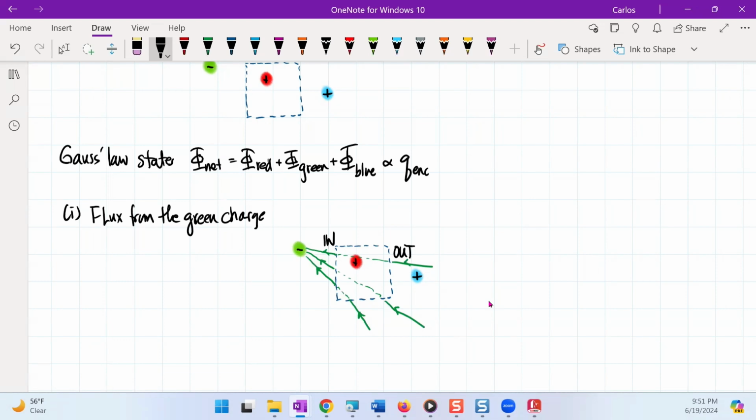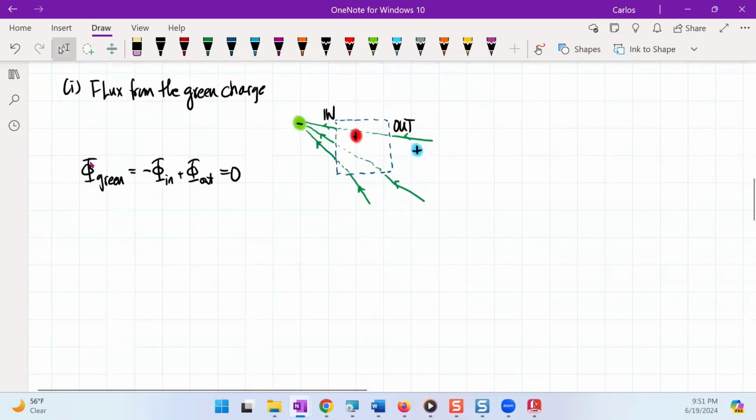So now when you're looking at this, you could see that in each situation, I could then say that the flux of the green is equal to what's coming in. In this case, what's coming in here is going to be, let's say, the flux coming in plus the flux going out. Well, that's going to be zero.